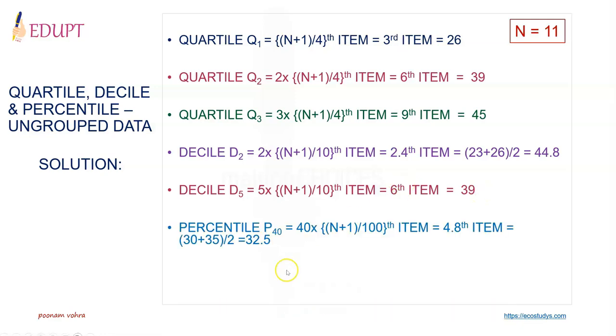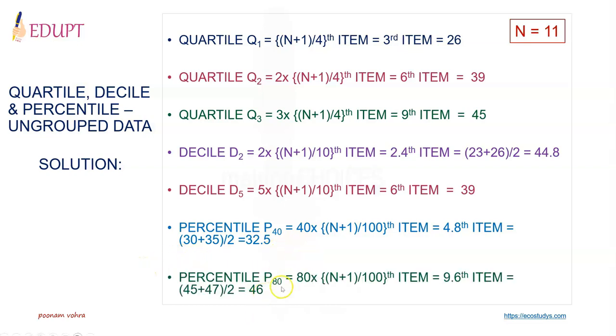And I hope you must have noticed that fifth decile is median 39, and second quartile is also median, also 39. Then is 40th percentile, it is 40(n+1)/100, which turns out to be 4.8th item. So you add 4th and 5th item divided by 2. Last is 80th percentile, which is 80(n+1)/100.